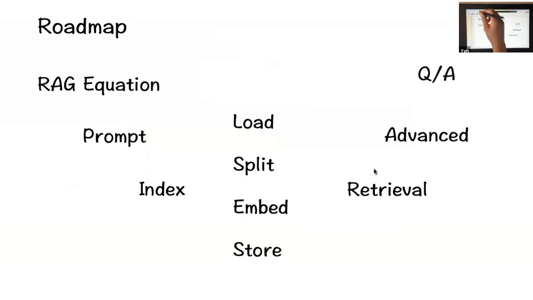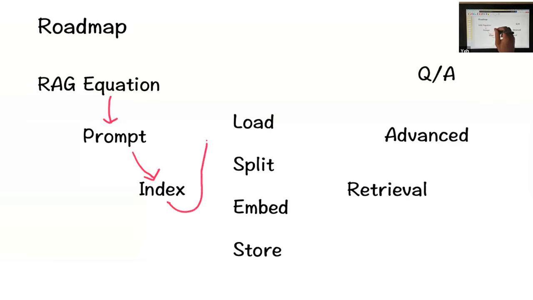Anyway, this is the roadmap for today. I would like to share with you this mathematical equation I came up with to describe what I think a RAG is. And then afterward, I'll talk about some prompt that implemented this equation and the way that we can index data in order to search and provide context for the retrieval part of RAG.